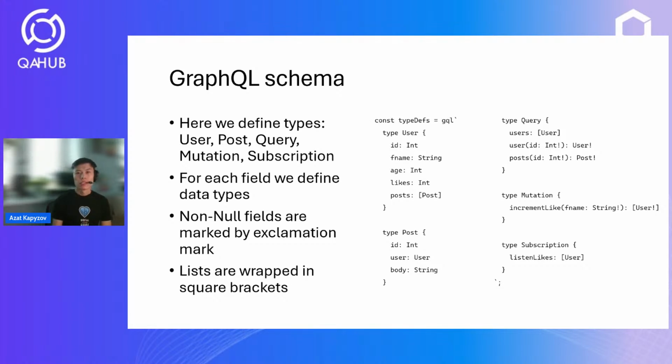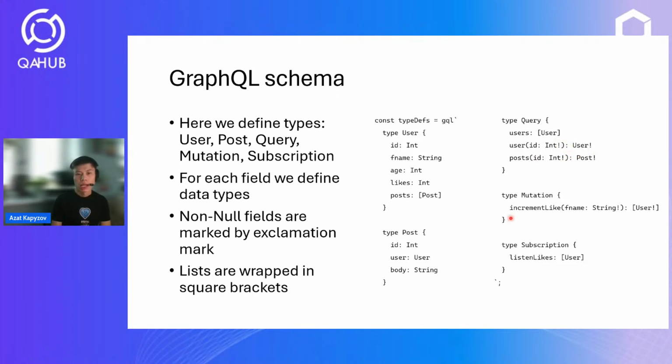So this is the example of schema on the right side of your screen. Here we define types: user, post, query, mutation, and subscription. For each field, we define data types like int, string, etc. Non-null fields are marked by an exclamation mark, for example here for user, for post, for arguments.